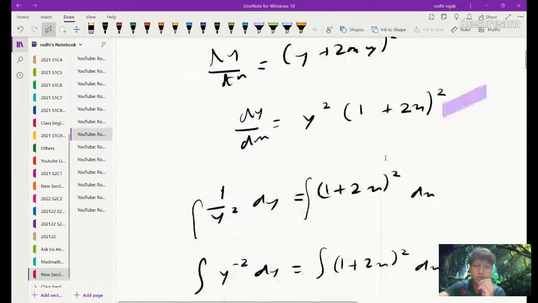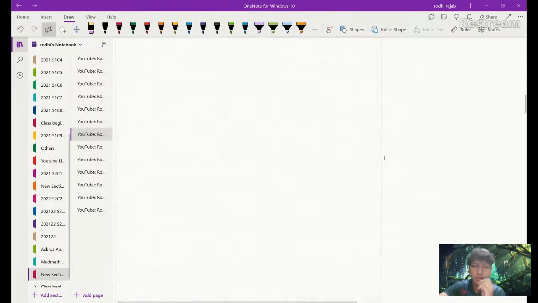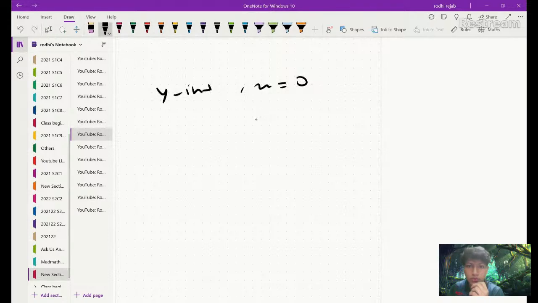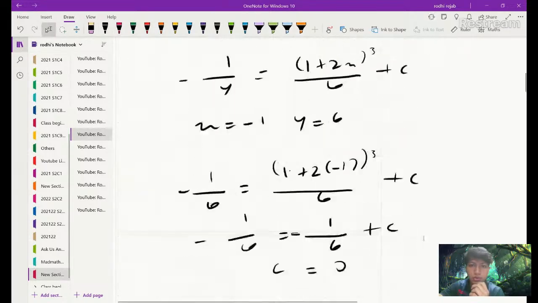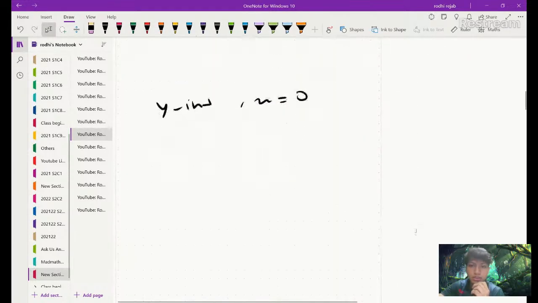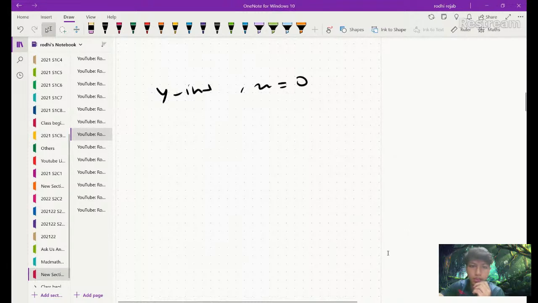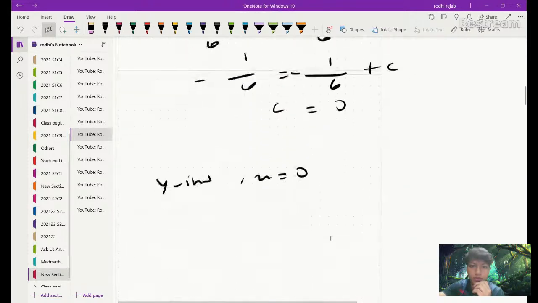So dia nak y-intercept. Y-intercept means x is equal to 0. So dia just masukkan je dalam equation tu x equal to 0.